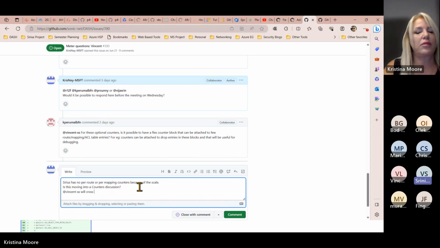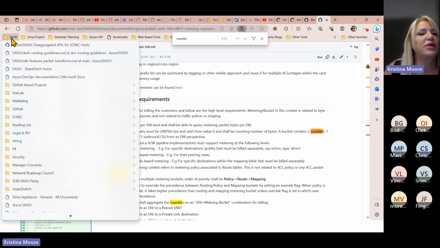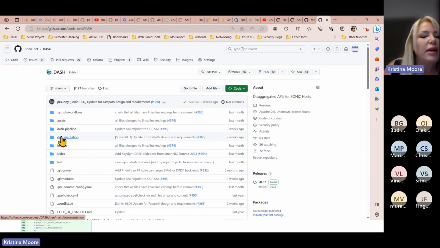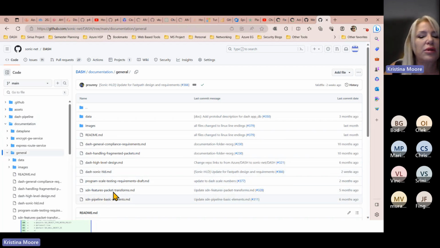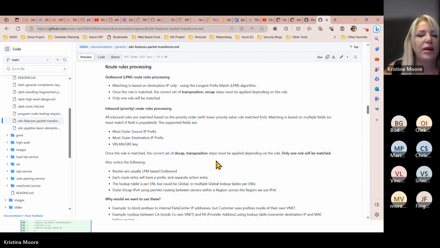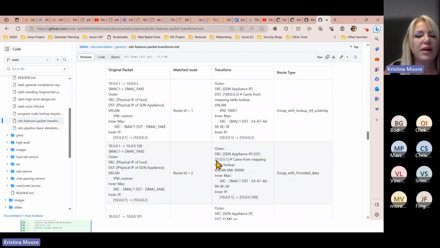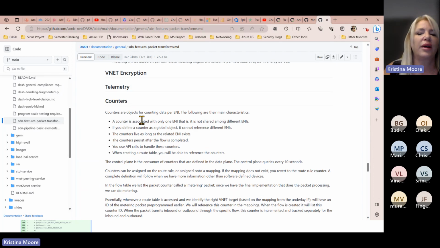I think there is one section in the SDN features packet transforms document, not in the HLD. The packet transform doc is interesting because it was much older, and it was way at the bottom. This came about as a result of multiple meetings and conversations.